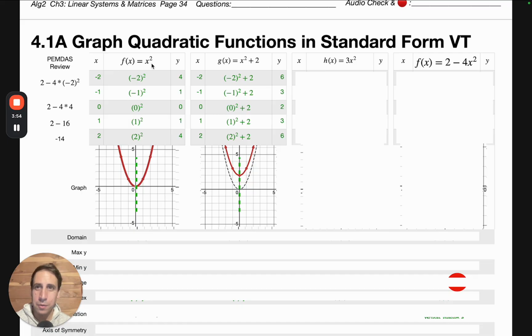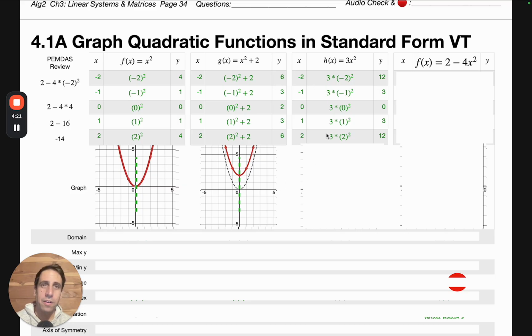They're going to be very similar to the x squared. But the difference is that all the y values got added to 2. They're all 2 units higher than the parent function, the original. So that's why we've got a dotted line to compare, and then the actual graph is here, red. And it's still the same axis of symmetry going down the middle.